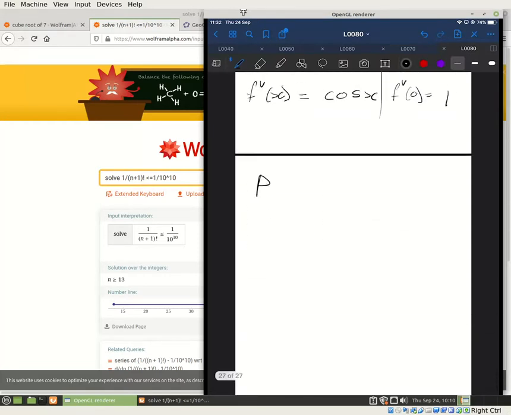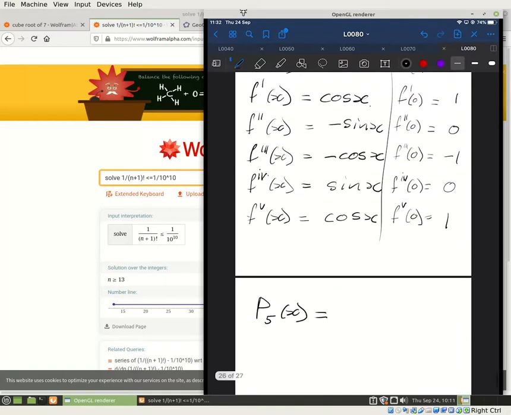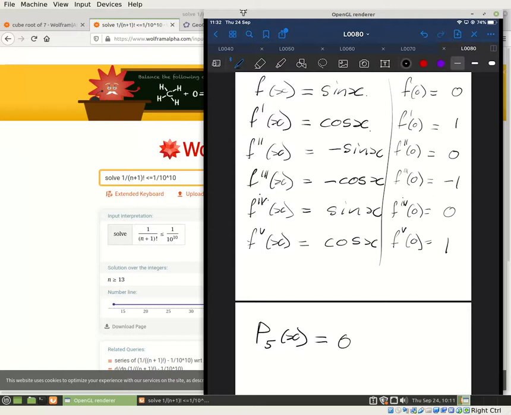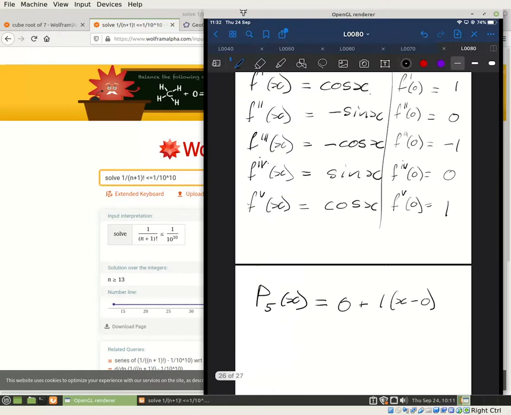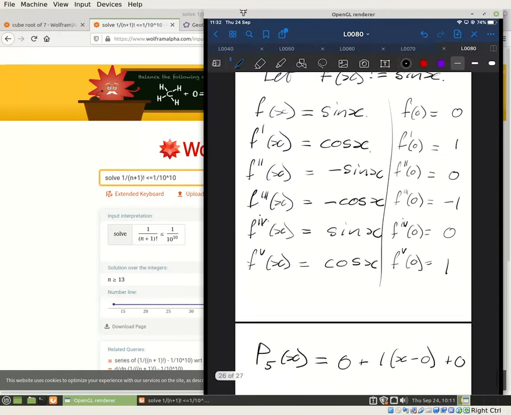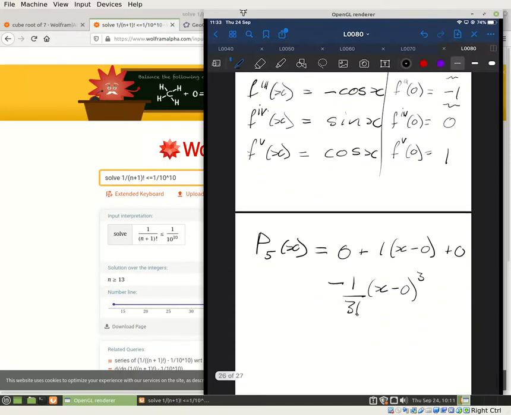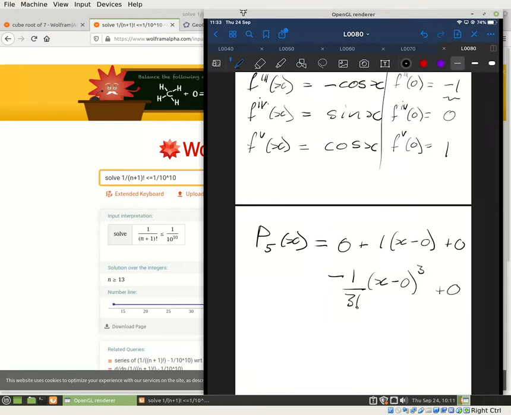So the fifth Taylor polynomial of sine about 0 is equal to 0 plus 1 x minus 0 plus 0, third term is 0, minus 1 over 3 factorial x minus 0 cubed, from there, plus 0 plus 1 x minus 0 to the 5 over 5 factorial.